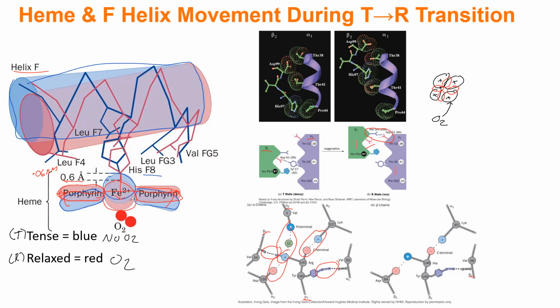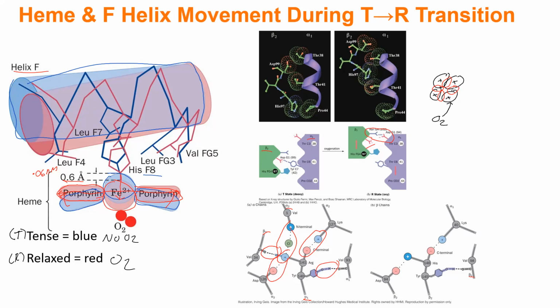So this is how we have positive cooperativity, where oxygen binds to one subunit, iron follows that oxygen, and changes the conformation of that one hemoglobin. The change in conformation changes the interaction at all the interfaces.